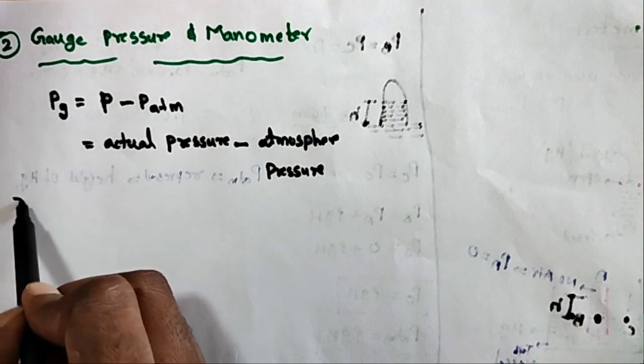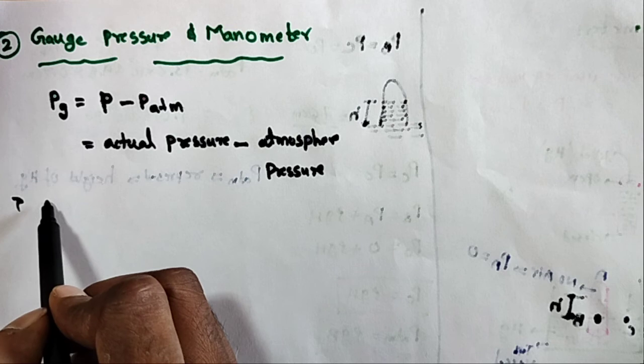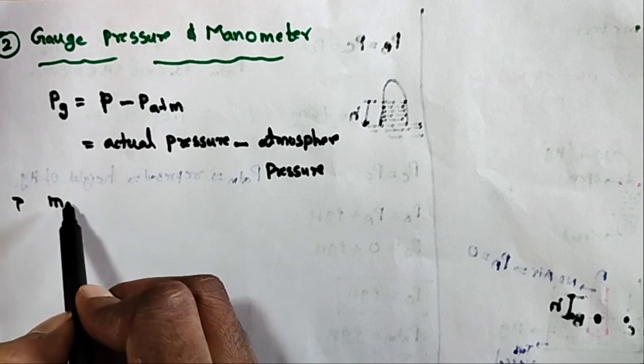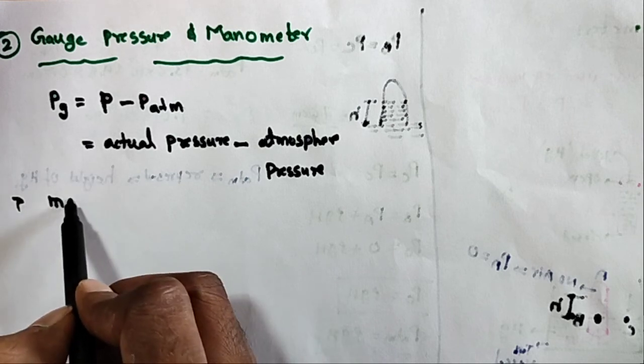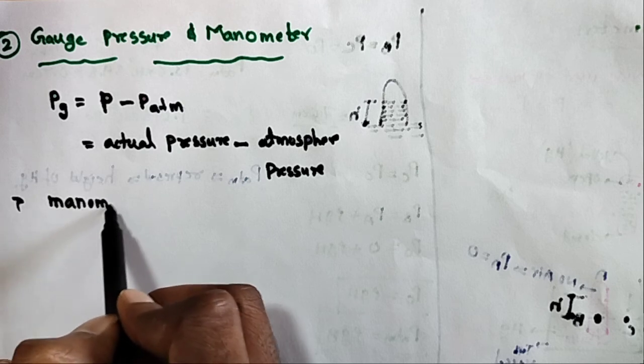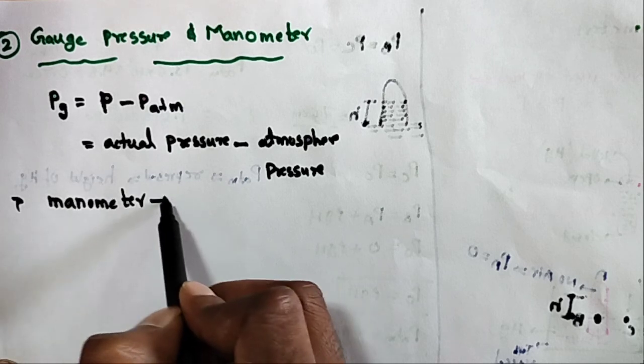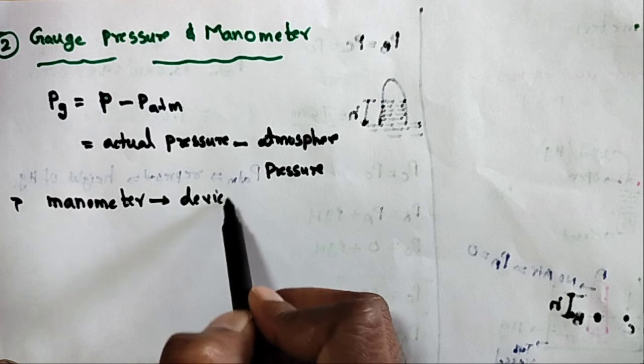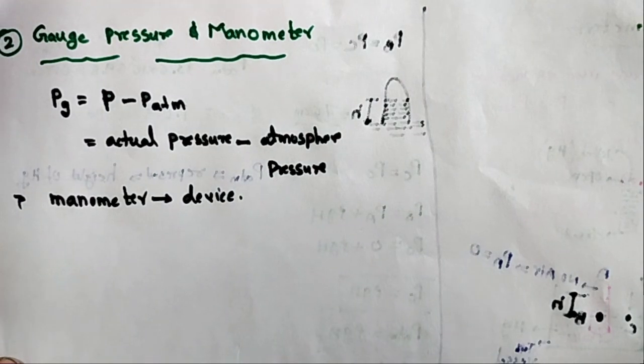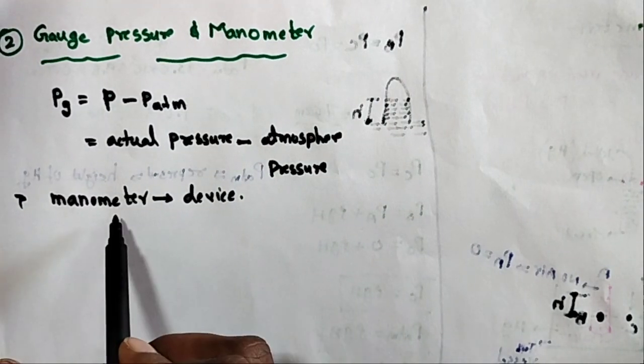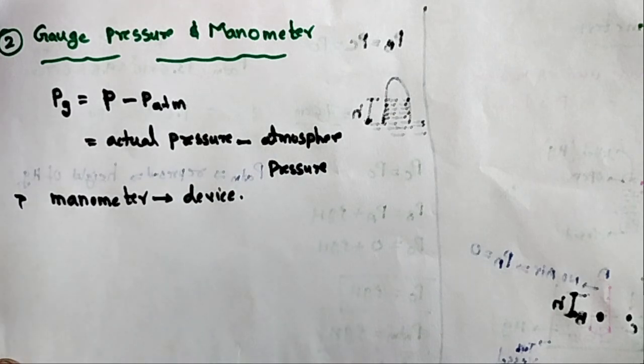This gauge pressure is measured by using a manometer device. Due to the manometer you can calculate gauge pressure.